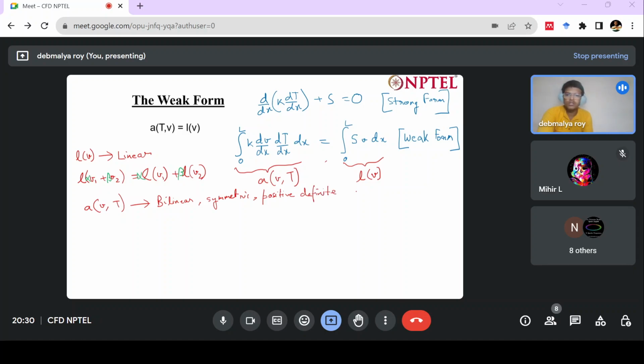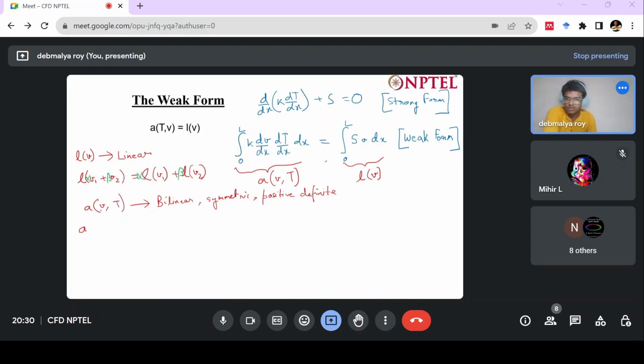The first thing that you notice here is you have two inputs, v and t. So this particular function, whatever you call it, has two inputs basically. So what is the meaning of bilinear?